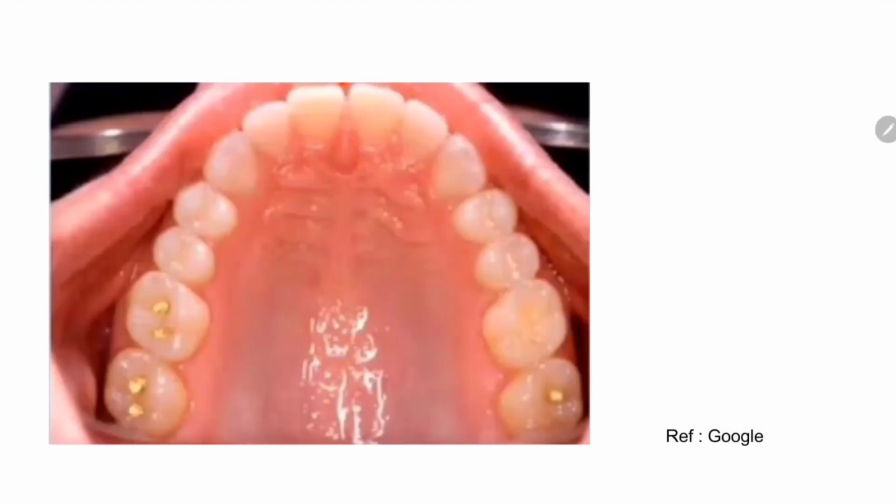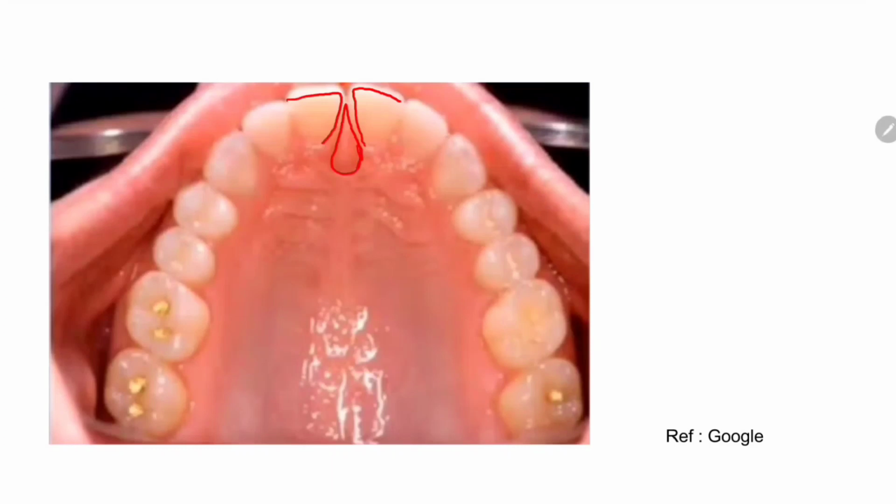In this image, you can see an open contact area between these two maxillary central incisors. It means there is no contact between these two incisors. Now, I am going to draw an incisive papilla here.